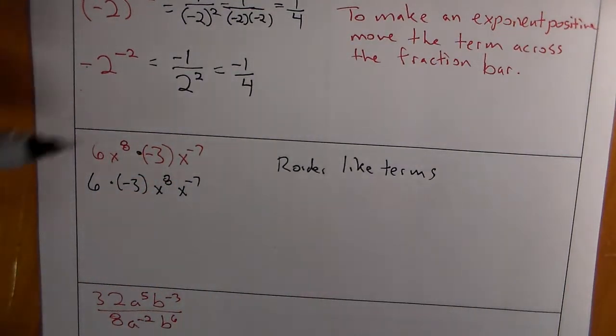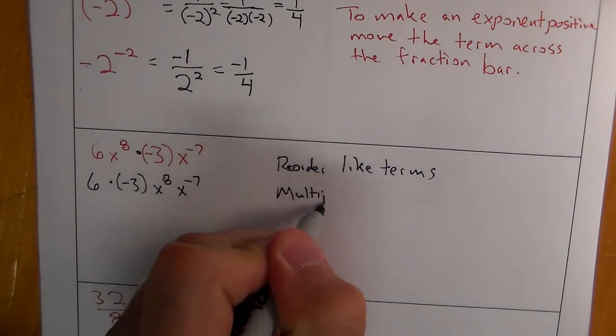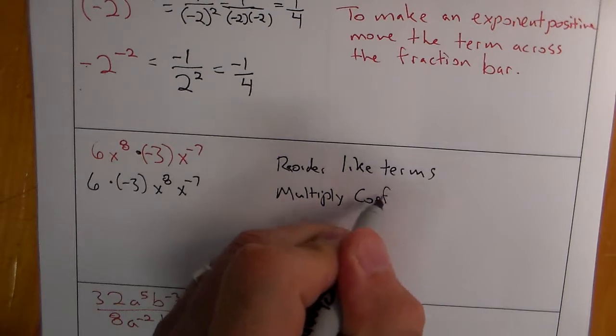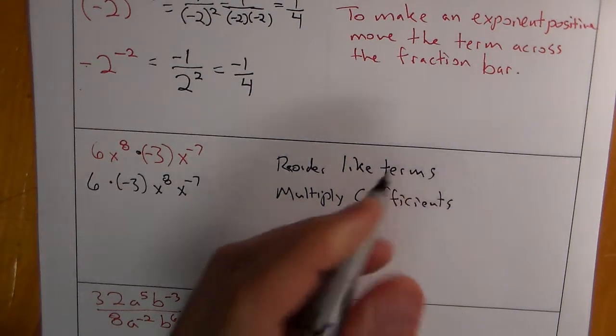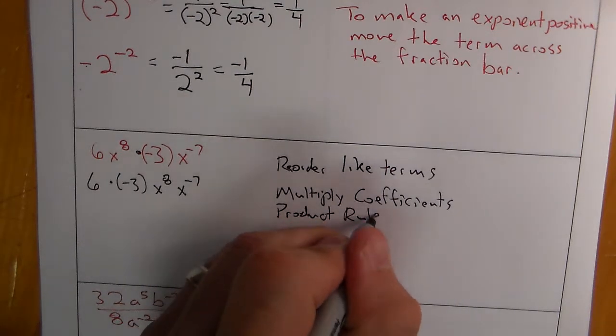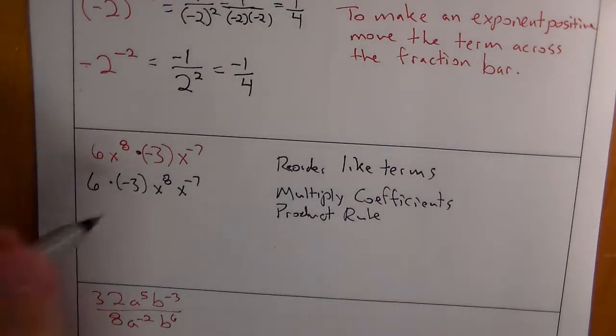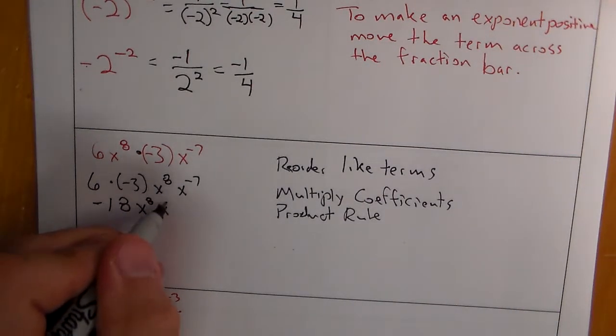So now that things are together, we can multiply coefficients just like you would normally multiply two numbers. And then we want to use the product rule for exponents. So I'm going to get negative 18, then I have x to the 8th and x to the negative 7th.